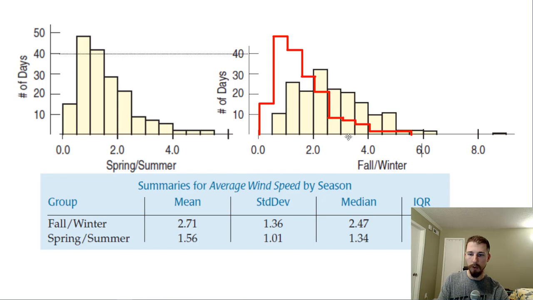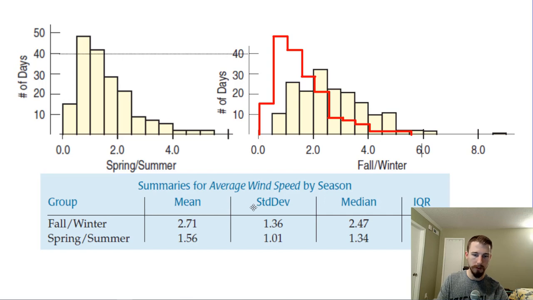But the mode for the fall and the winter looks like it's in the middle, around 2 miles an hour for an average wind speed. Also, you can notice that our higher wind speeds are definitely going to be in the fall and the winter, including our crazy day, whatever was special about that day, that far outlier, that was occurring during the fall and the winter as well.